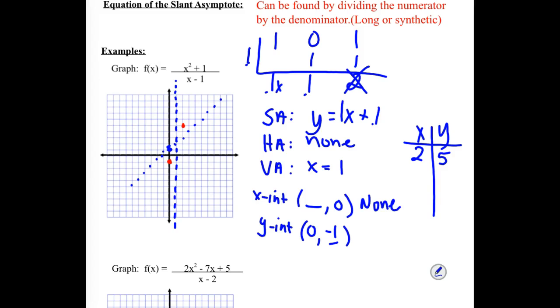So for this picture, knowing where my 2 red dots are, I can expect a branch coming down here somewhere and one up in here. Does that make sense? That's a very typical graph to see when you have a slant asymptote.